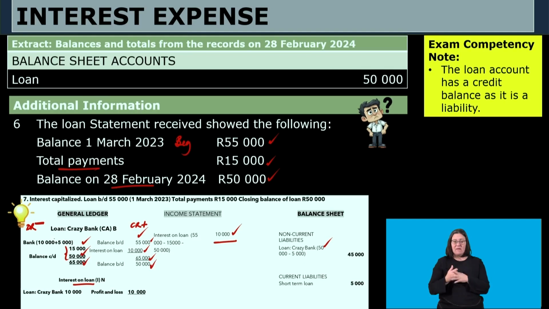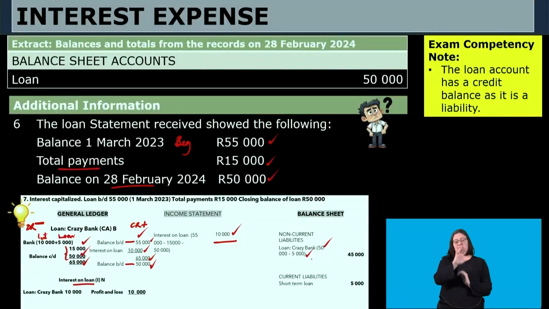So if you come back to the loan account, you remember the 10,000 was interest. That means the 5,000 is for the loan repayment, which you can get if you say 55 subtract 50, then you get the 5,000. That means on the loan, we're paying only 5,000.